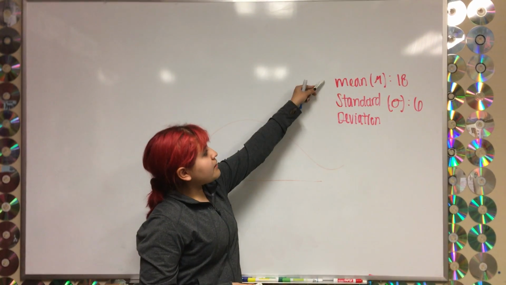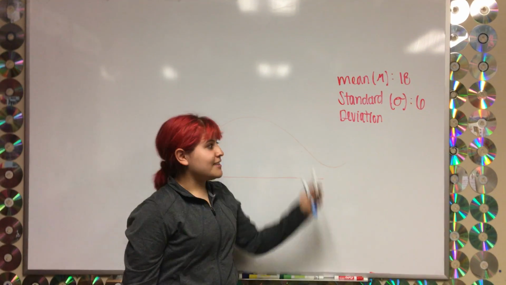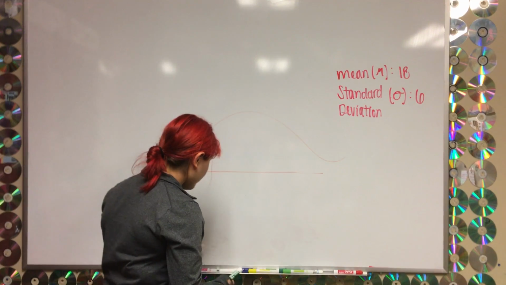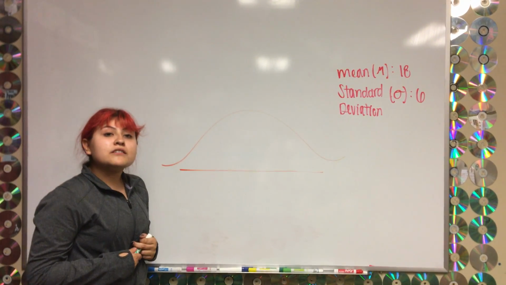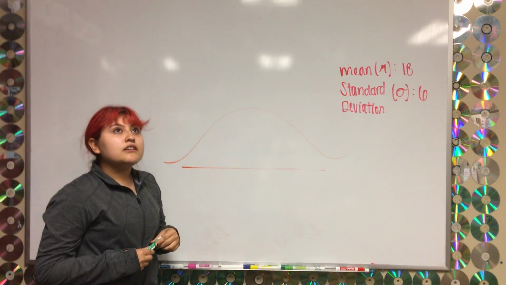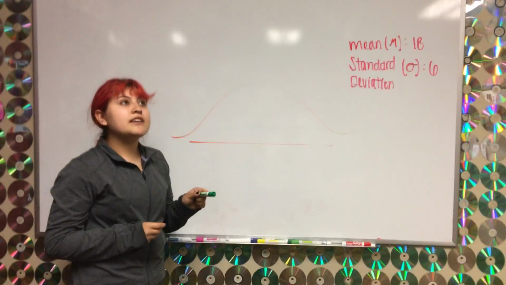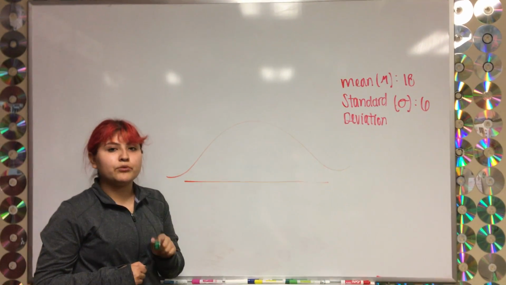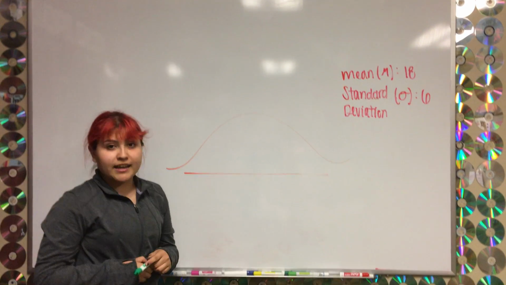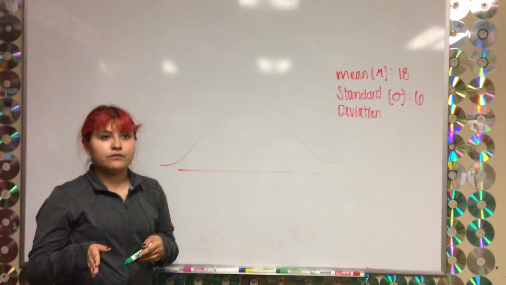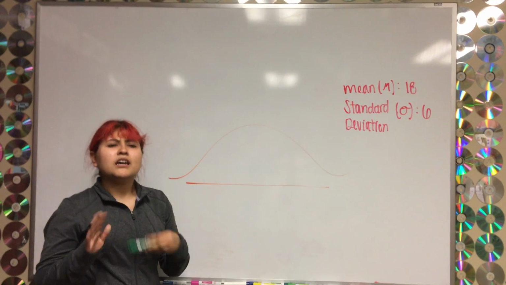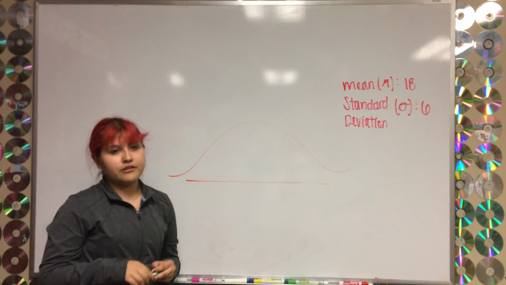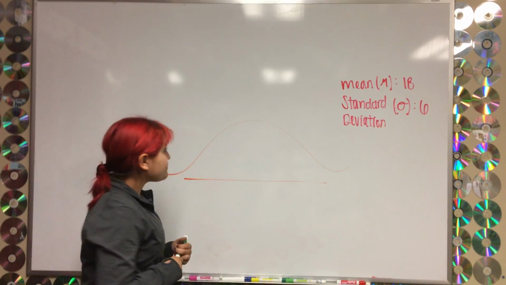Like I said before, the mean is 18 and the standard deviation is 6. That being said, we were also asked to use the 68%, 95%, 99.7% rule in order to find the percentage of students who got 12 or lower on their ACTs.